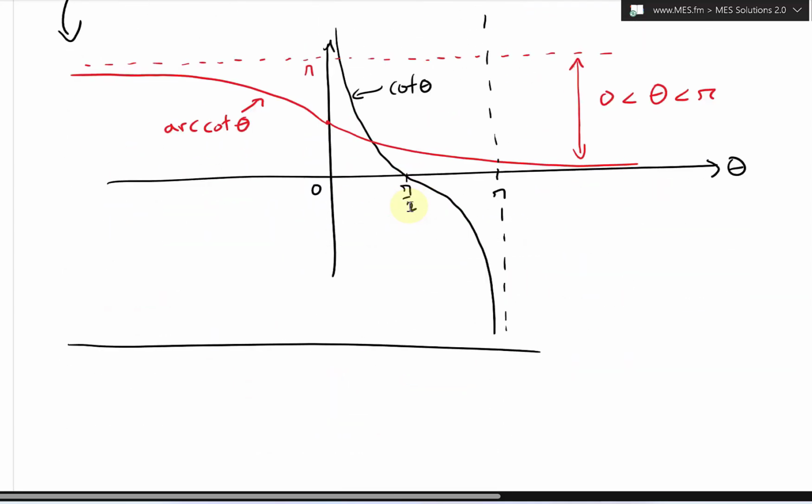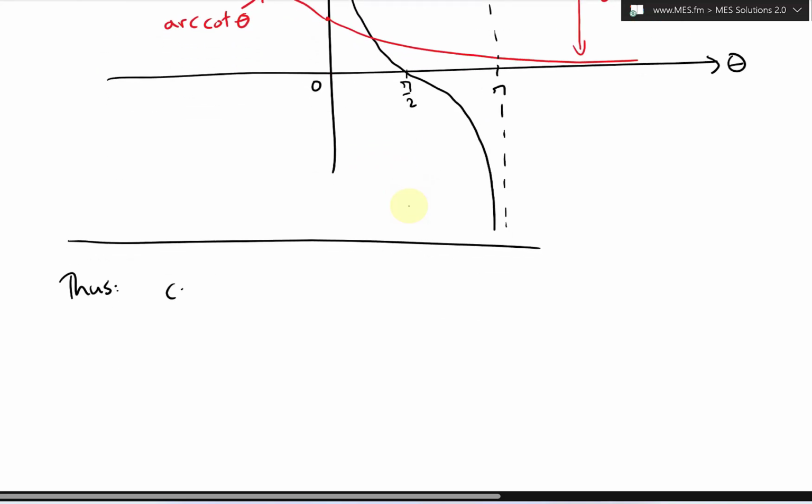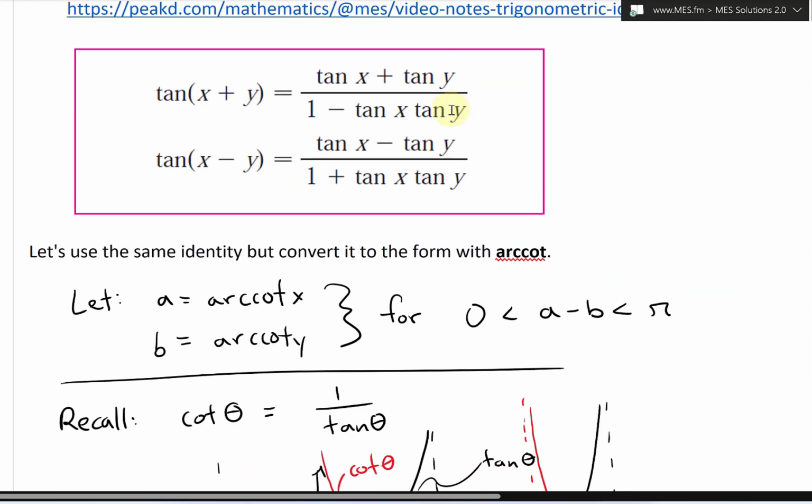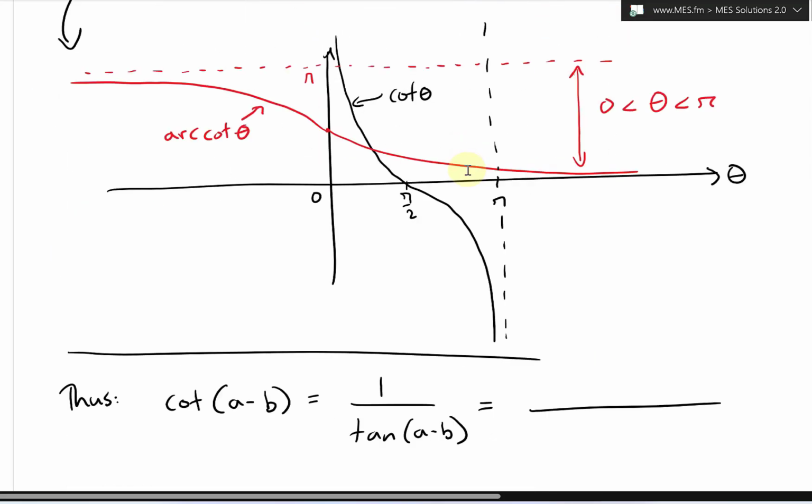But instead, we're going to look at the cotangent version. Thus, what we'll have is cotangent(a minus b) is equal to, by definition, 1 over tan(a minus b). And this equals, basically, we'll take that tan a minus tan b, but then flip it upside down, because we're doing the reciprocal.